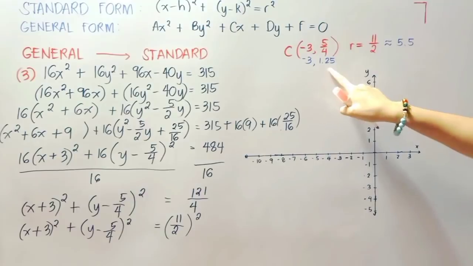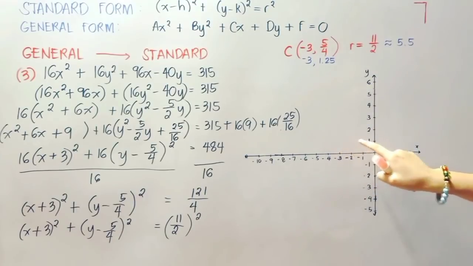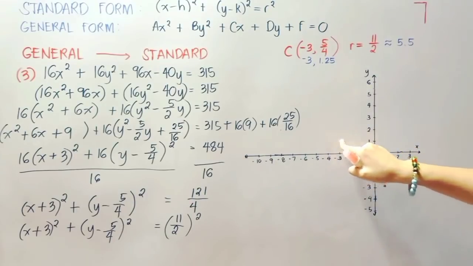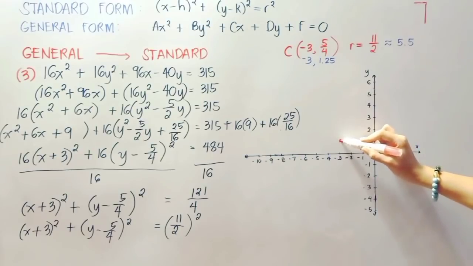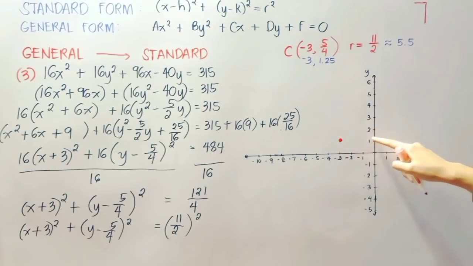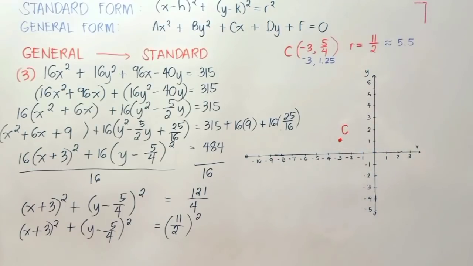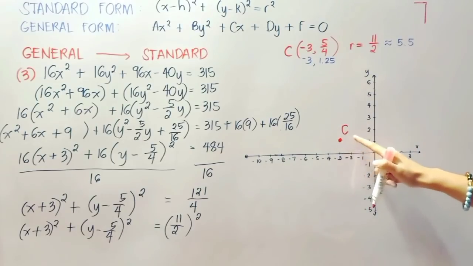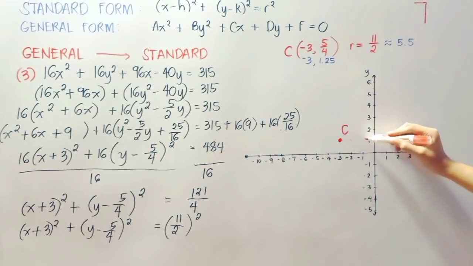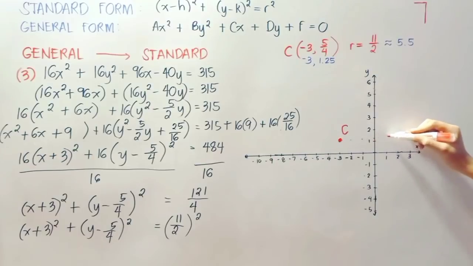Let us now plot the center. So it's (negative 3, positive 1.25), so it's in this portion, and this point is our center, and we'll have to count 5.5 units. 1, 2, 3, 4, 5.5.